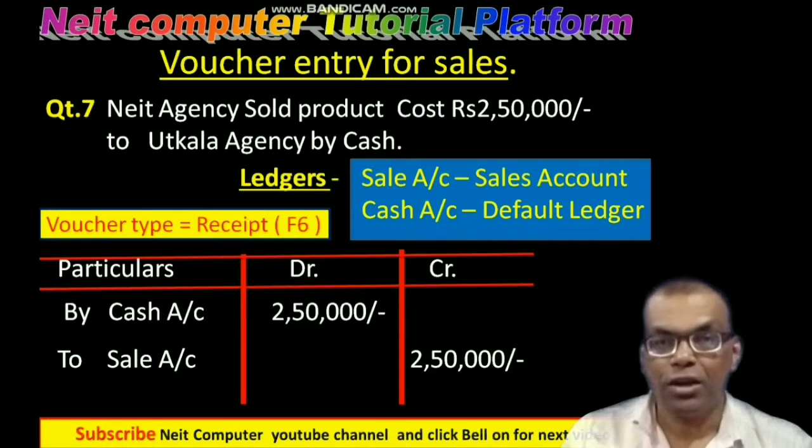So the cash account becomes debit 2,50,000, and due to the sale of the product the company is receiving cash, so the sale account becomes a credit. For this transaction we use the receipt voucher with the F6 button.